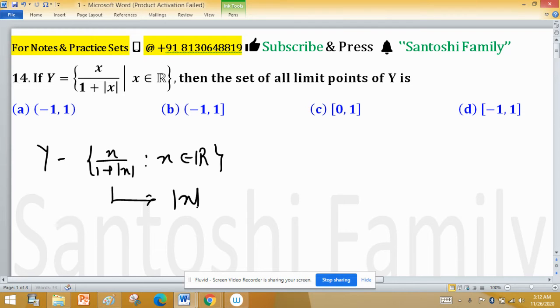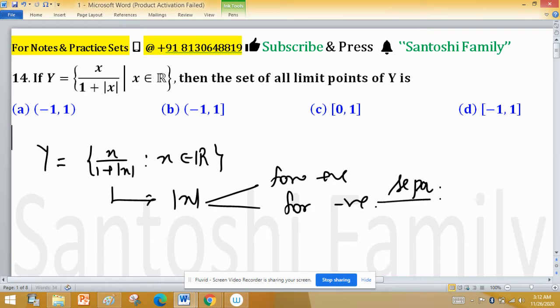When mod x or absolute function is given in set builder notation, or whenever it comes in function formation or definition, always resolve mod x for positive values and negative values separately. This will help you to find the solution in a convenient way.